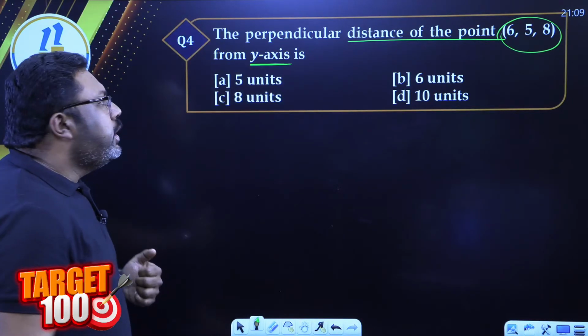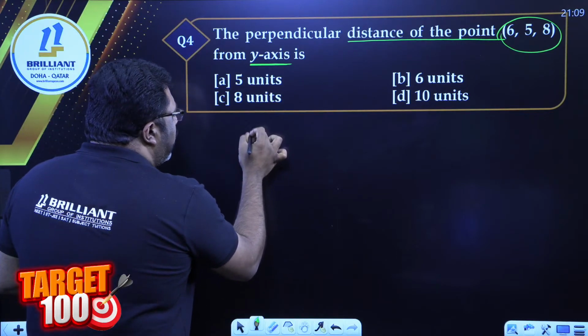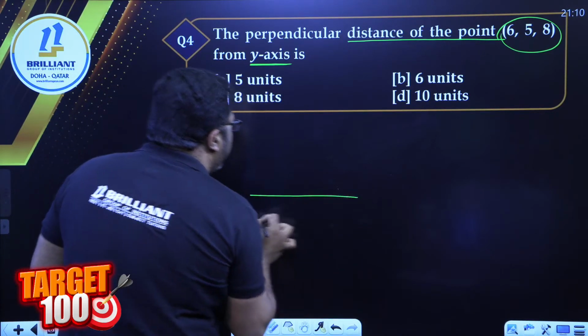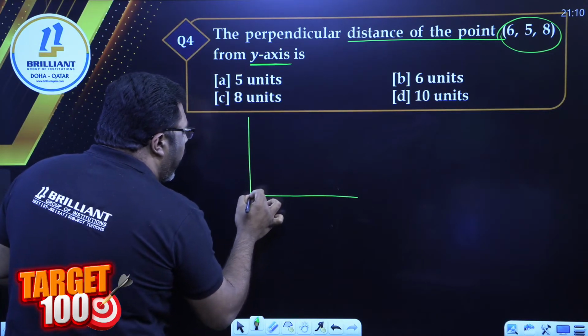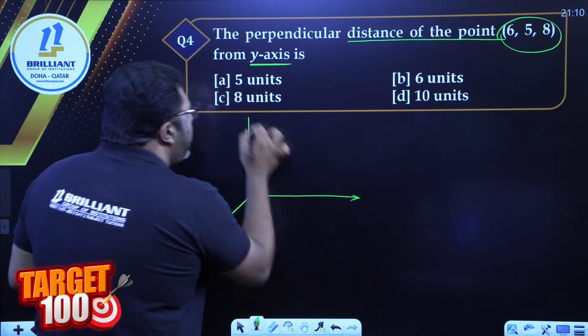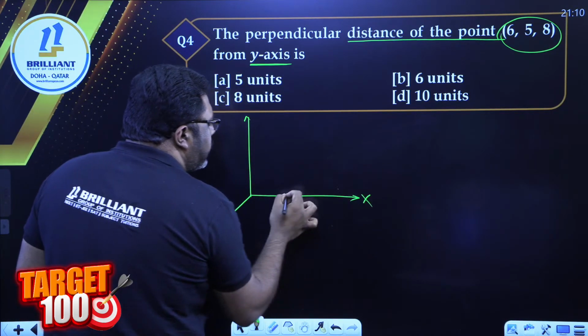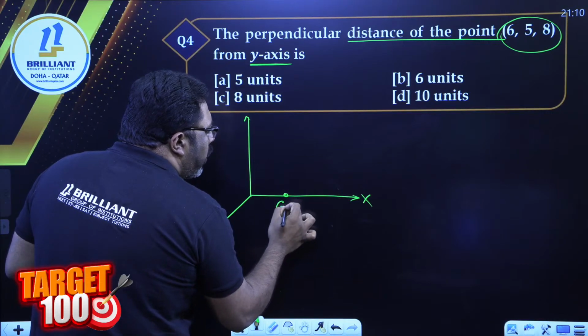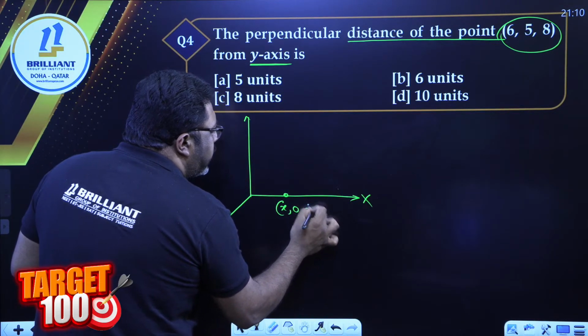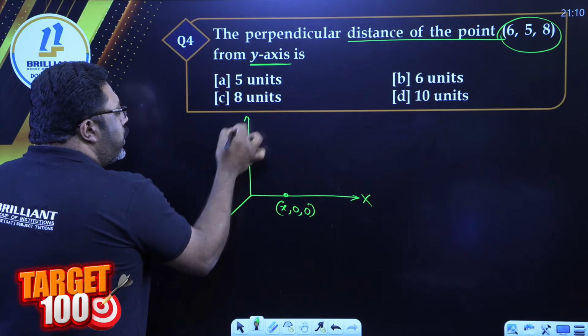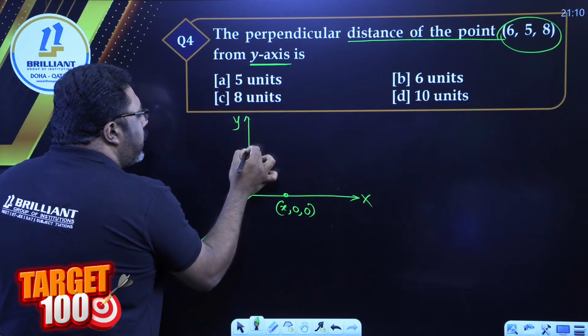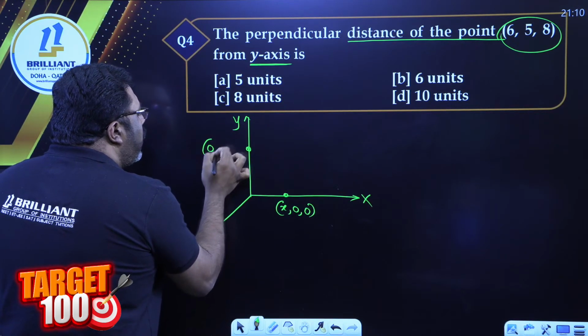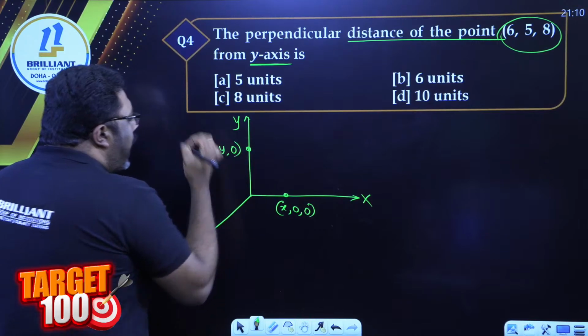Let me try to teach you the importance of a point on each of the axes. If I take a point on the x-axis, we definitely know that only the x coordinate exists and the other two are 0. For the y-axis, only the y coordinate exists, other two are 0.